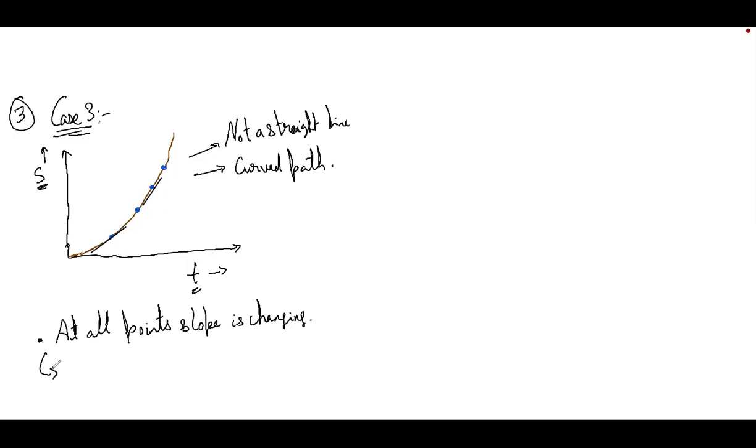So that means the velocity at all points is changing, because the slope is the velocity at every point. So this is the conclusion: the velocity is variable.